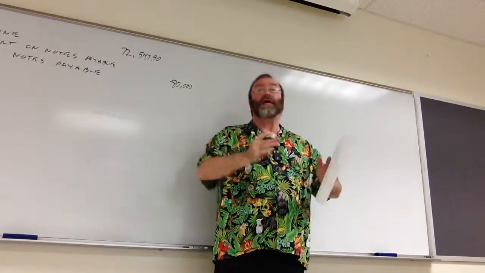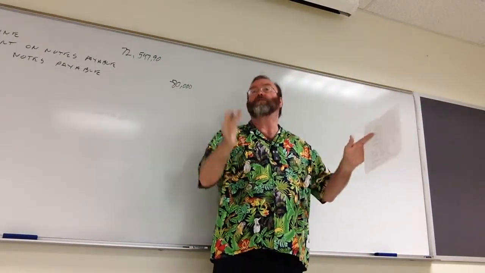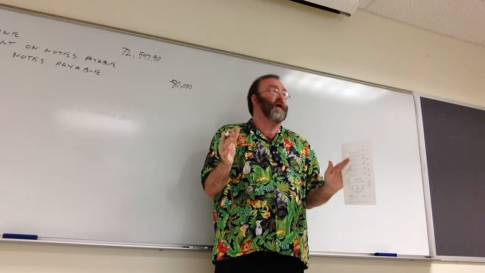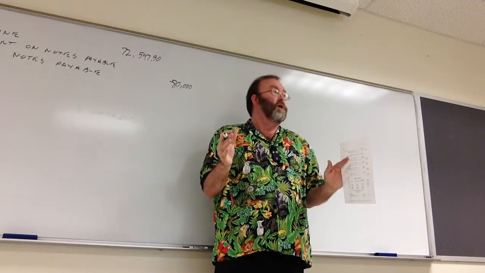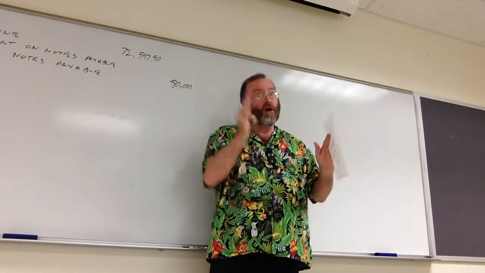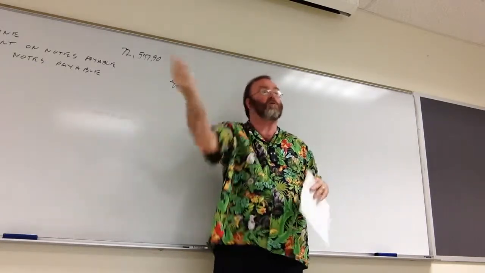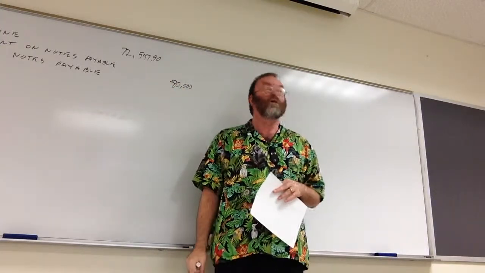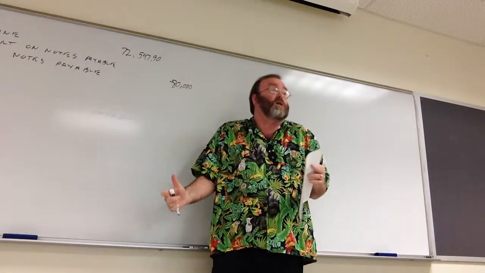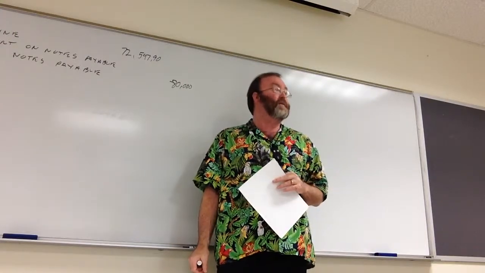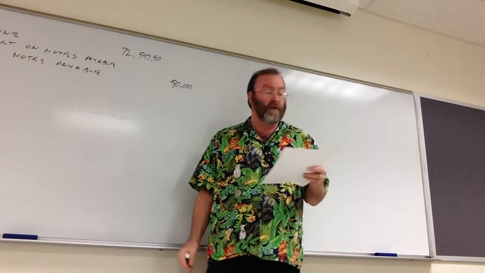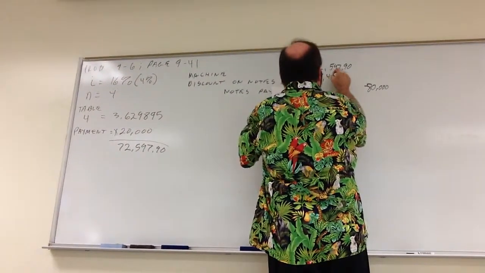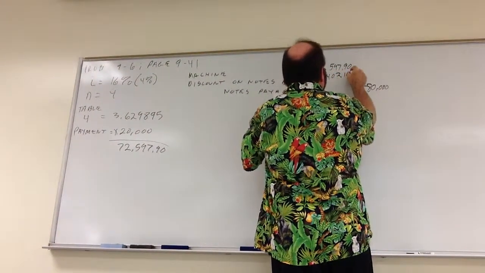Because if we're paying it in 4 equal installments of $20,000 over the next year, in actuality our arm's length negotiated price for this machine is the $72,597, because that's what it's worth today when we take possession of that machine. The difference is the discount, $7,402.10.